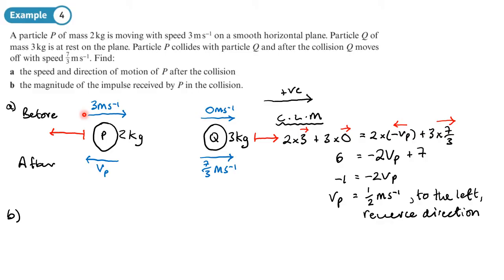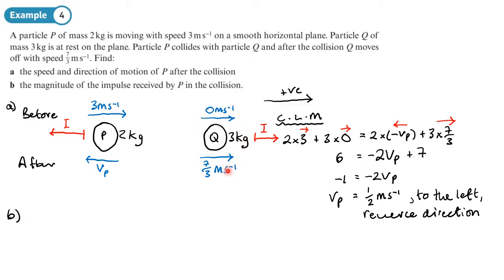Now, it doesn't matter which one we work out. I can use the working here to work out the impulse, or here. Now, my suggestion would be that you use this one, because if you work out VP and it's wrong, then you're going to get your impulse wrong. Whereas here, I know U and V already, yeah?